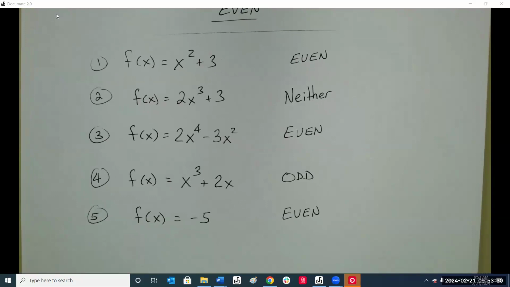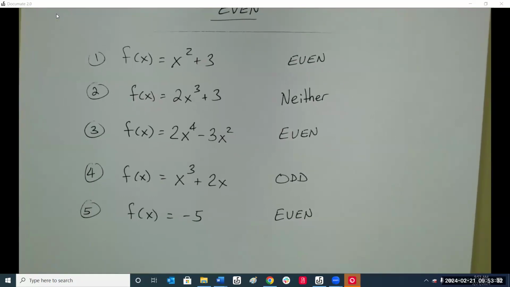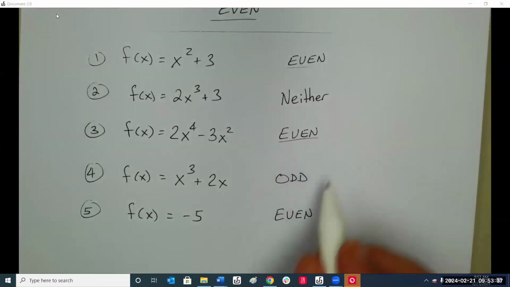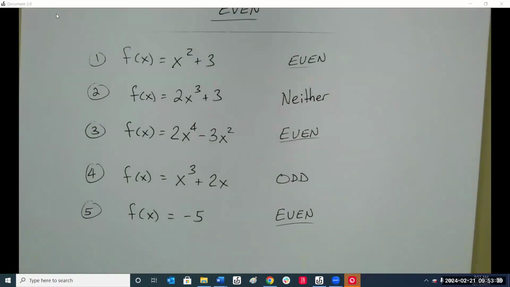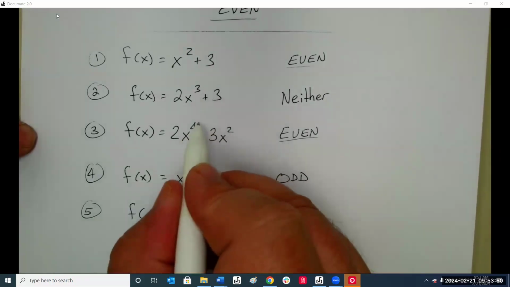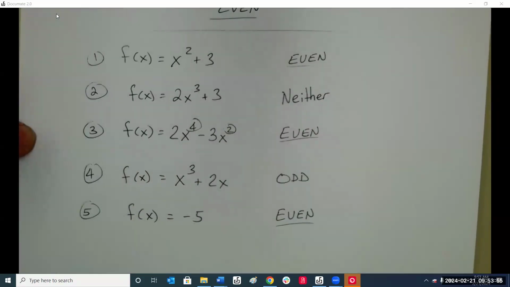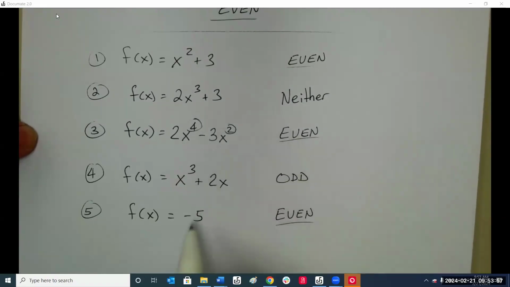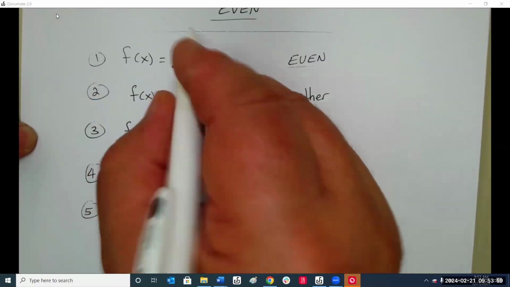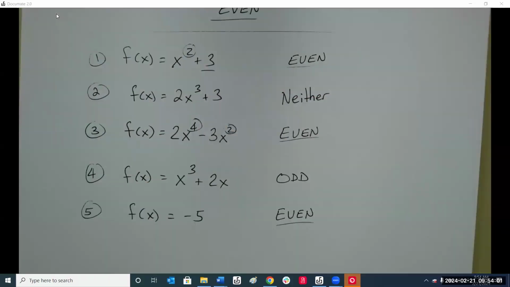So let's look at this. What can we notice? Let's look at the even ones. What do we notice about the even ones? Even ones, if they're just constants, they're even. Or if all the powers are even, then it's even. Or if we combine the even exponents and the constants.